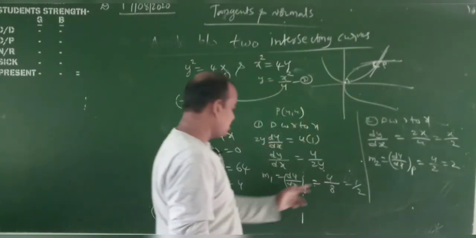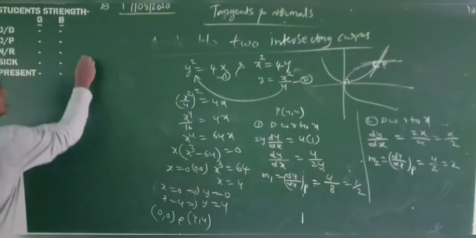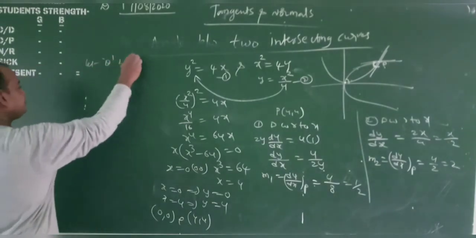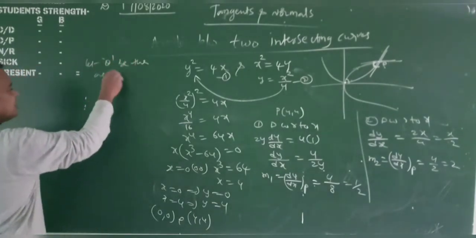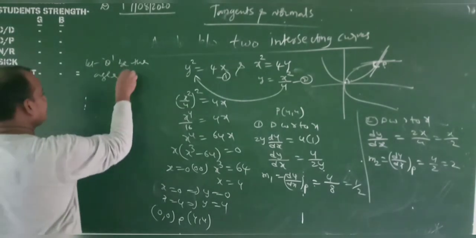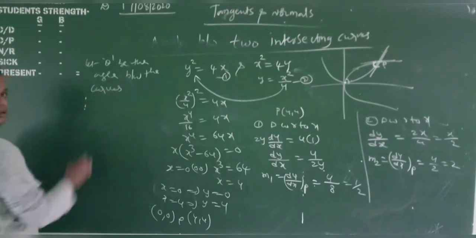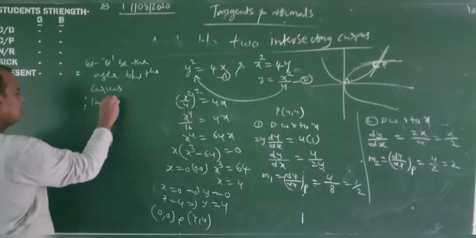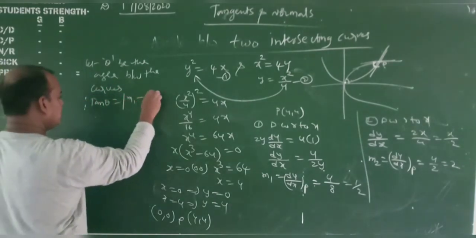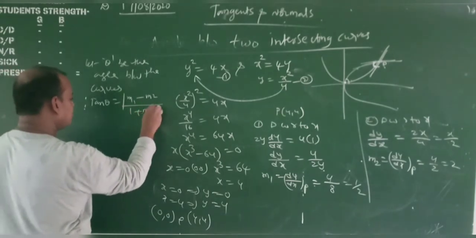Now I have m1 and m2. Let theta be the angle between the curves, which is the angle between the tangents. The formula is tan theta equal to (m1 minus m2) by (1 plus m1 m2).